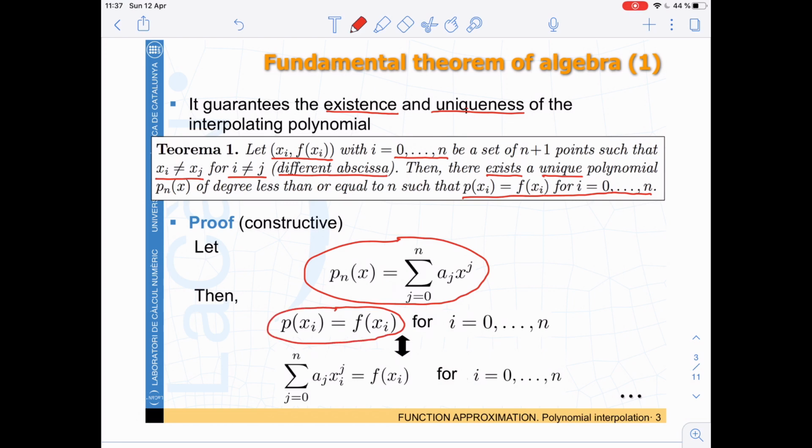By doing so, we obtain this linear system of n plus 1 equations in n plus 1 unknowns. Indeed, we have here n plus 1 equations because i goes from 0 to n, with n plus 1 unknowns, the coefficients aj, with j going from 0 to n.